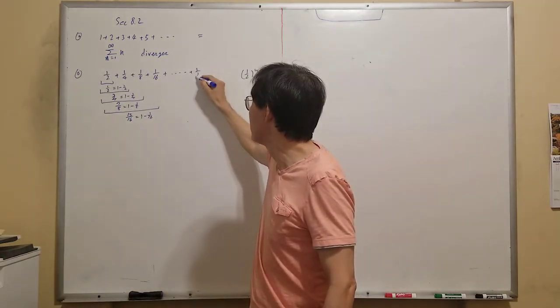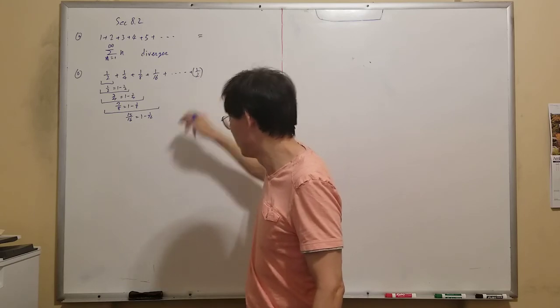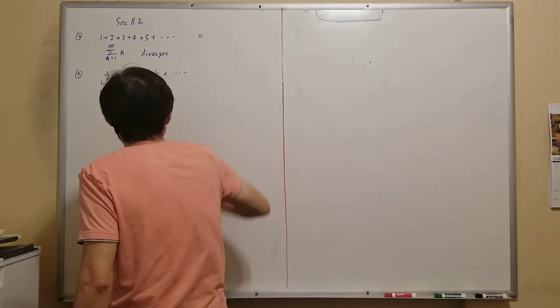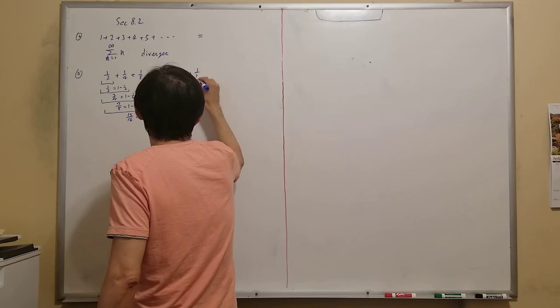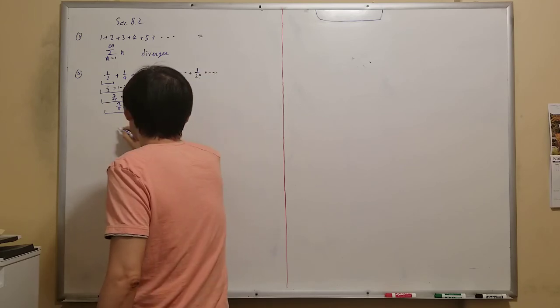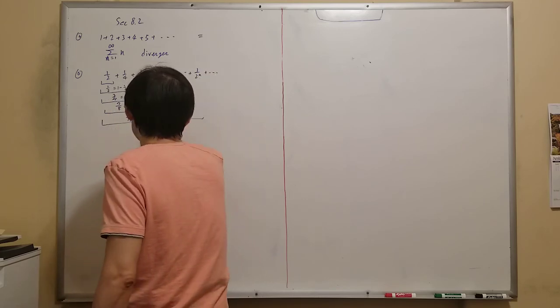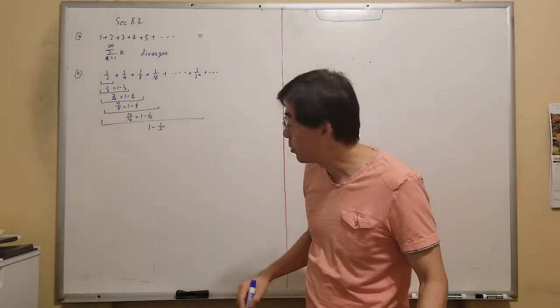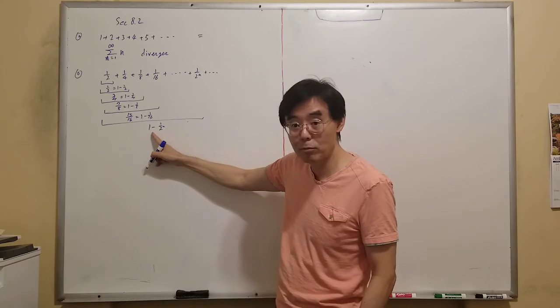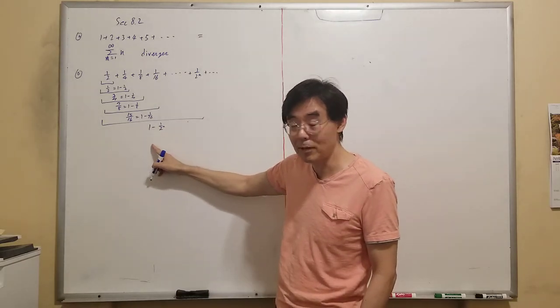So if you add up to the nth term, we are certain that this is 1 minus 1/2 to the n. Getting larger and larger, but it only approaches 1 from below, right?